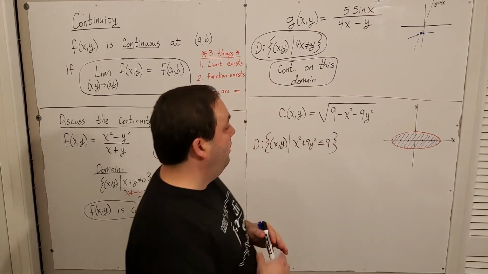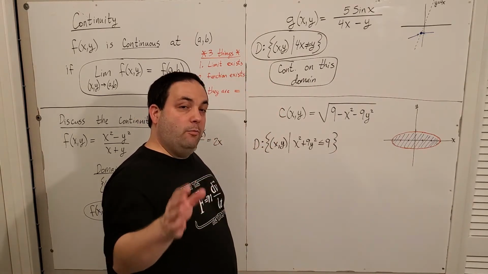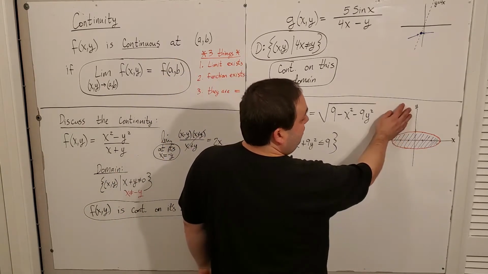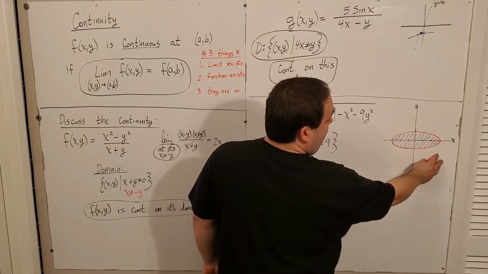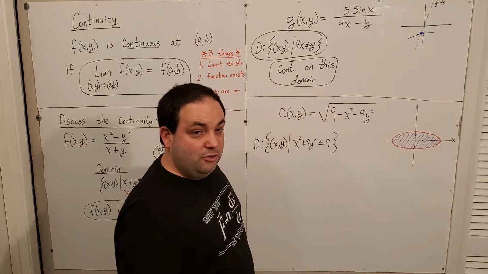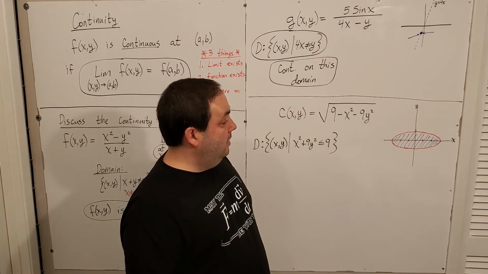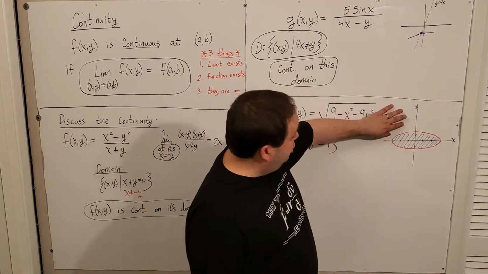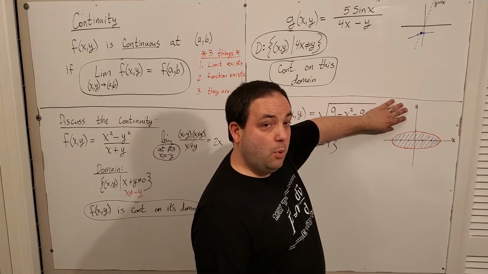What I wanted to talk about was the different kind of points on this particular one. Obviously, it would be discontinuous anywhere outside of the domain, and that's because there's no function values out there, right? There's no limit values either, because there's no way to approach any of these points out here.